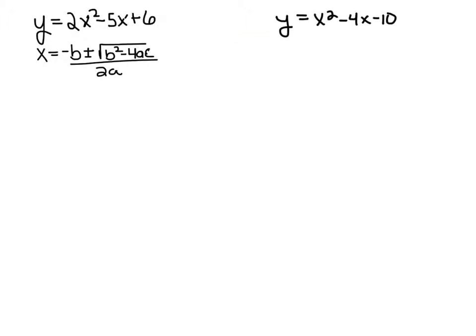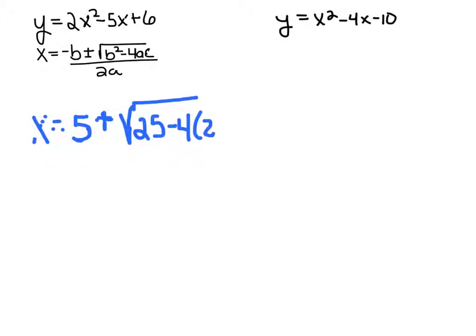You will have to be able to solve a quadratic both by the quadratic formula and completing the square. If you were using the quadratic formula, it would be x equals 5 plus or minus the square root of negative 5 squared, which is 25, minus 4 times 2 times 6, all over 4.